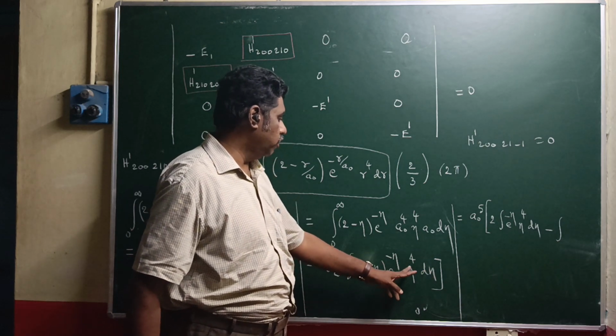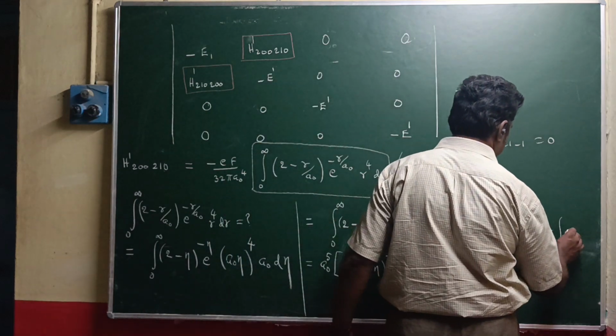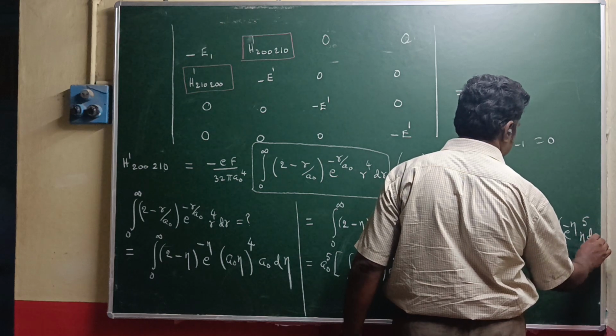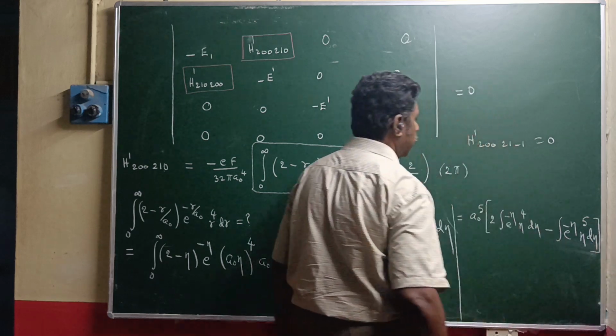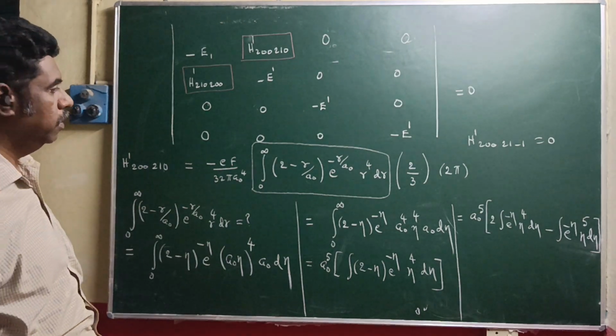Eta power 1 and eta power 4 is equal to eta power 5. So into e power minus eta, eta power 5 d eta. The entire is multiplied by a0 power 5.